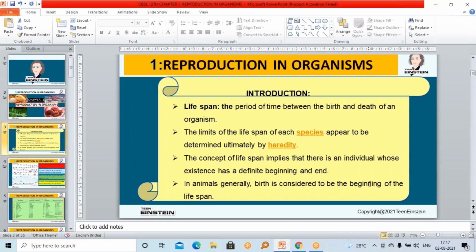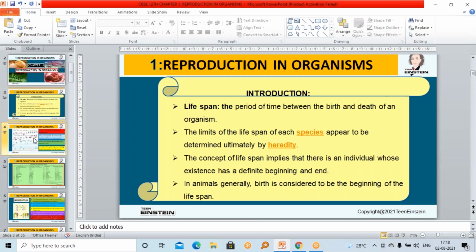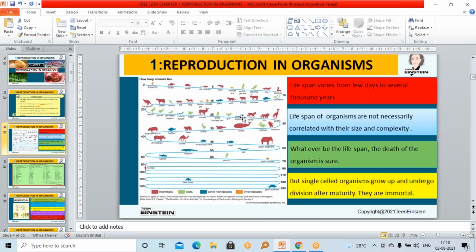So the concept of lifespan is that there is a proper, definite beginning and end for each species or organism.